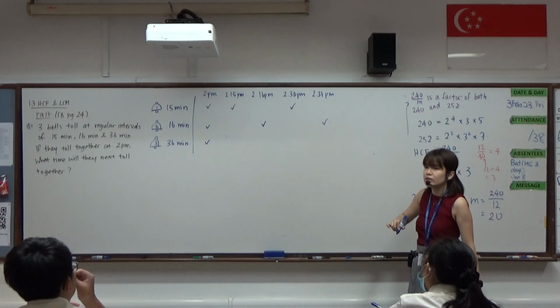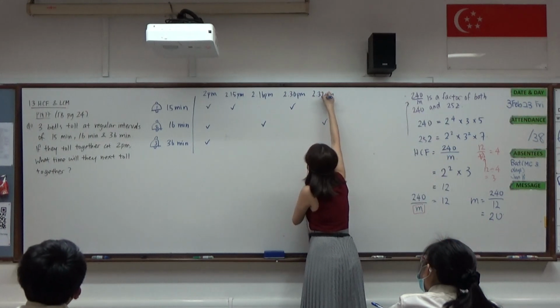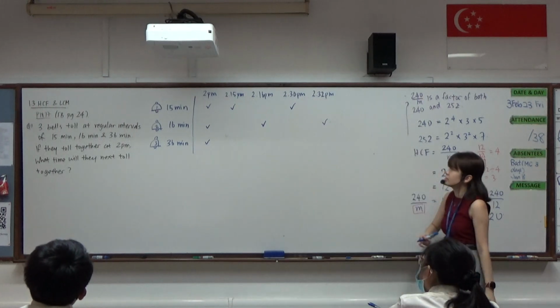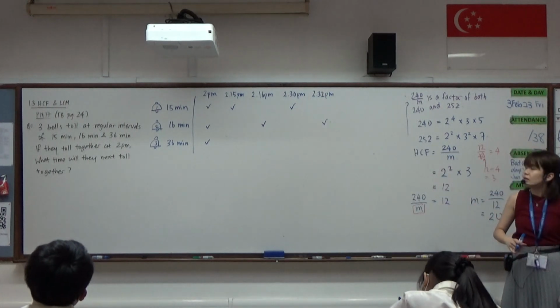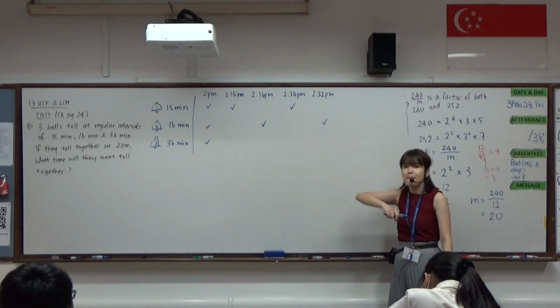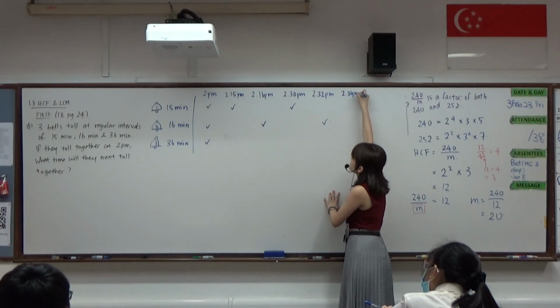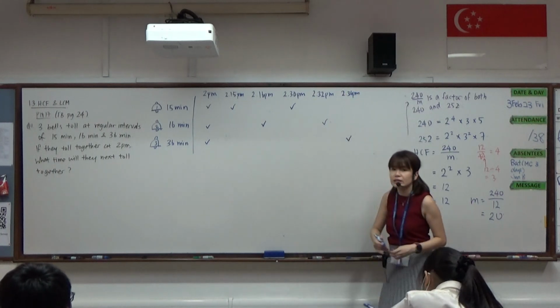Then 2:32, the 16-minute bell will ring again. Then what time does the next bell ring? 2:36, right? Then this bell will finally ring.